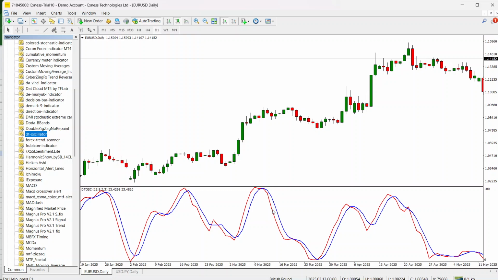When the stochastic line crosses above the RSI line, it signals a bullish crossover, suggesting positive momentum.